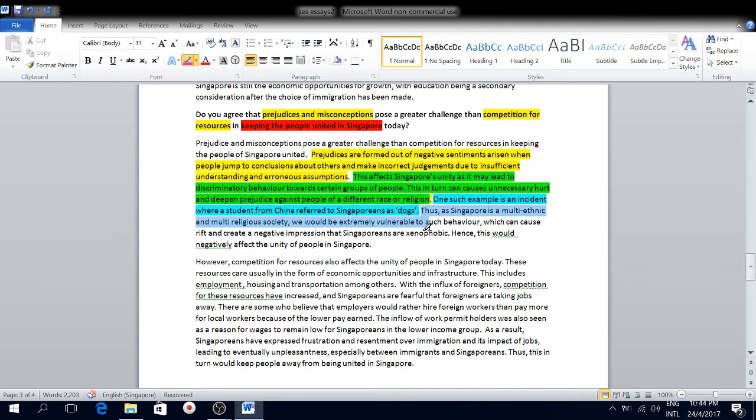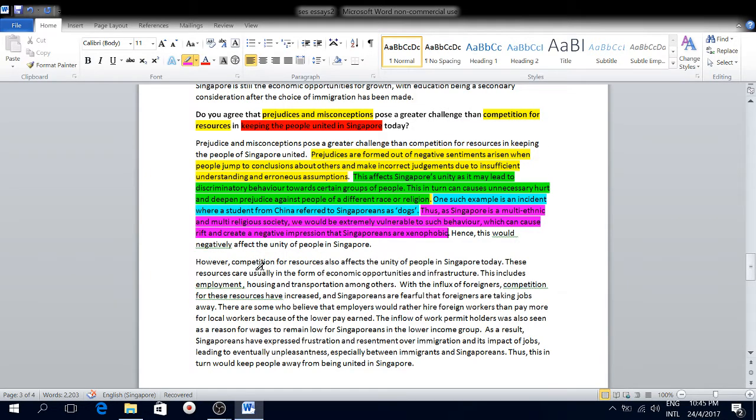Because we are multi-religious, multi-ethnic, we will be vulnerable to such behavior, which can cause rifts and negative impressions that Singaporeans are xenophobic. Hence this will affect the unity of people in Singapore, between the Singaporeans and the foreigners. Okay, so it's very clear. Can you see the clear-cut flow of my essay?